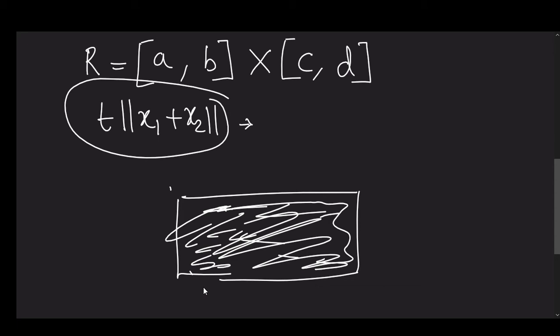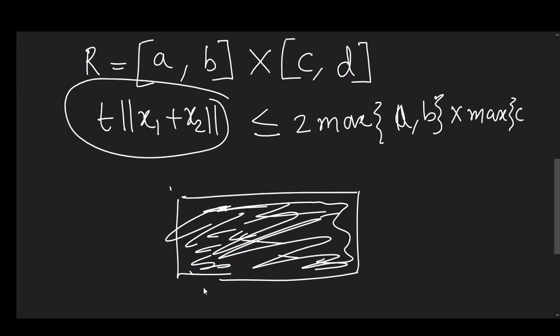It can be less than or equal to 2 max a comma b into max c comma d, right, on R. So if that is the case, then this function becomes Lipschitz in this rectangular area.